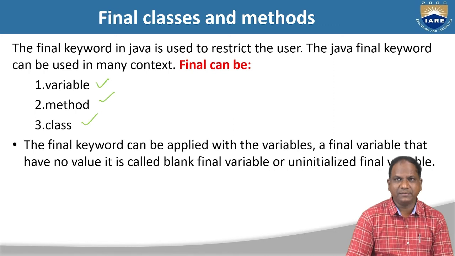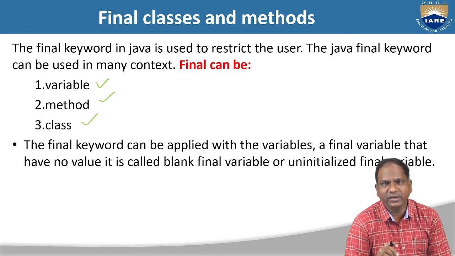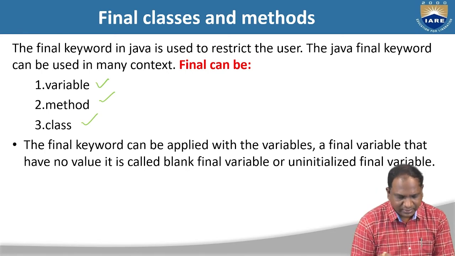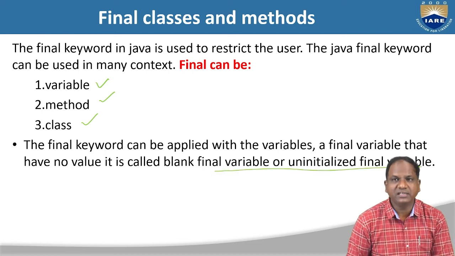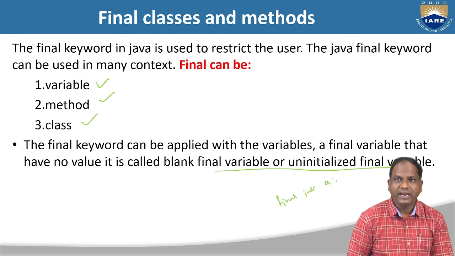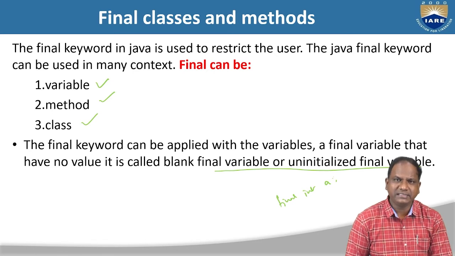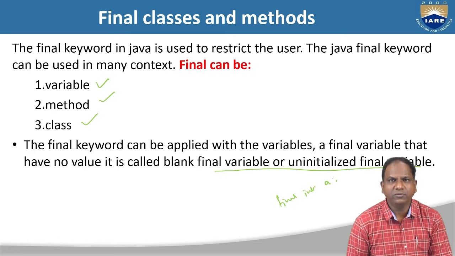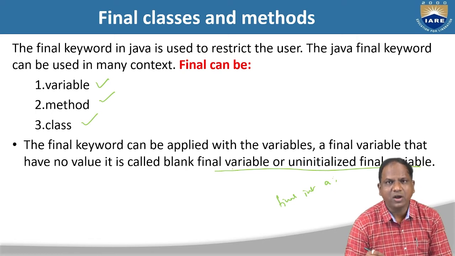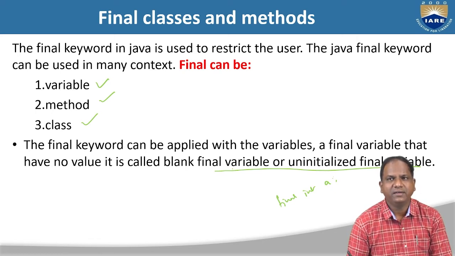Let's begin with a small example. See here, the final keyword can be applied to variables. A final variable that has no value is called a blank final variable or uninitialized final variable. For example, final int a. I declared variable a of type int as final, but I didn't assign any value. So it is called a blank final variable or uninitialized final variable.